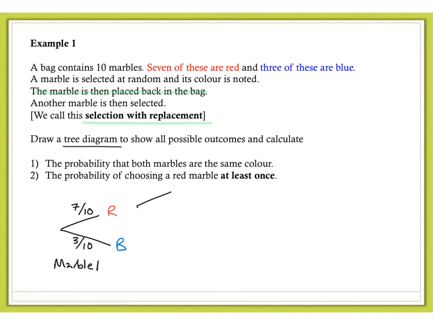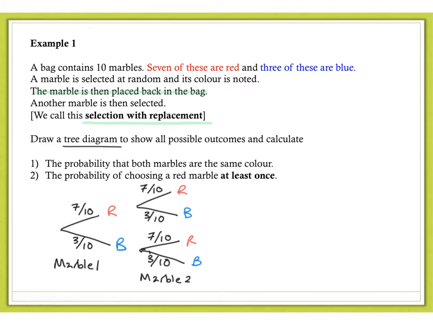We then add on the branches for marble 2, and that could be red or blue. And the probabilities are going to be the same as they were before because we put the marble back. So effectively, we still have 10 marbles in the bag and 7 of them are still red and 3 of them are still blue. So here is our tree diagram.